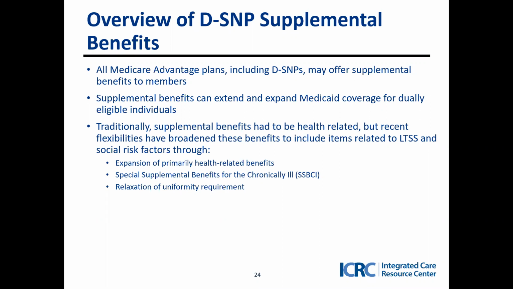And the three main ways in which these benefits have been broadened are through the expansion of primarily health-related benefits, which gives plans more room to cover services that address LTSS needs, newly established special supplemental benefits for the chronically ill, or SSBCI, which are designed to address needs stemming from social determinants of health for those with chronic conditions, and the relaxation of the uniformity requirement, allowing Medicare Advantage plans to target these benefits to an individual and really specific medical conditions and needs. Next slide, please.